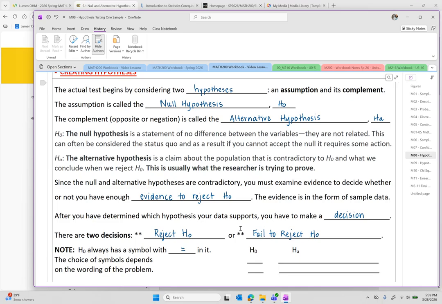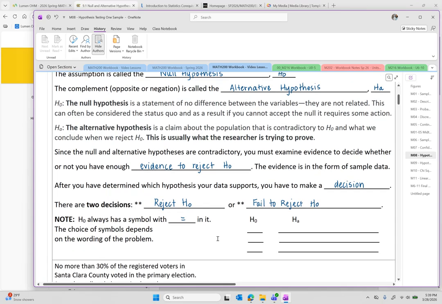Your decision has only two forms. You will either decide to reject the null hypothesis or you will fail to reject the null hypothesis. Remember that the alternative hypothesis is not established. You are trying to prove it. So the only thing that exists is the null hypothesis, and you will either have enough evidence to reject it, or you were not able to find enough evidence to reject it.